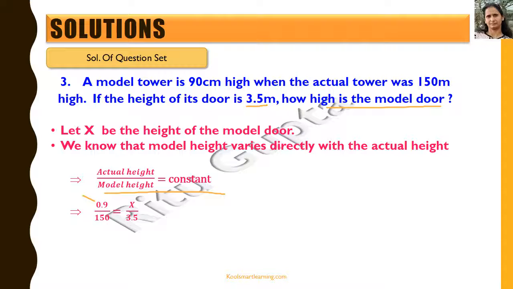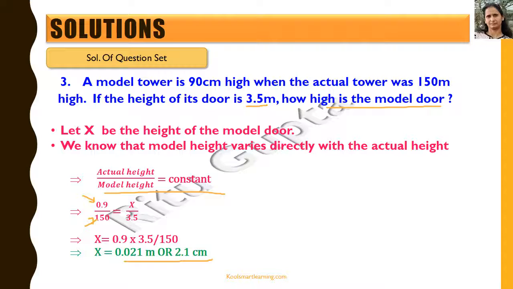So we've taken the model height, which is 0.9 meter, divided by 150, which is the actual height, is equal to x, which is the model height of the door, divided by 3.5. So we get x is equal to 0.9 into 3.5 divided by 150, which comes out to be 0.021 meter or 2.1 centimeter.